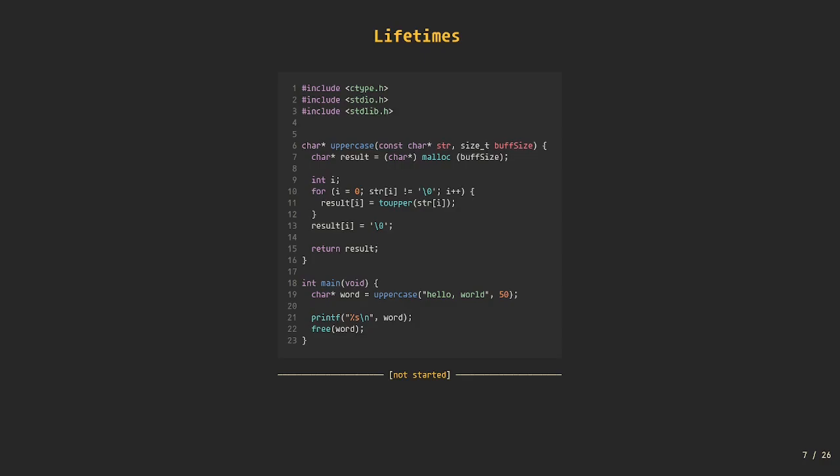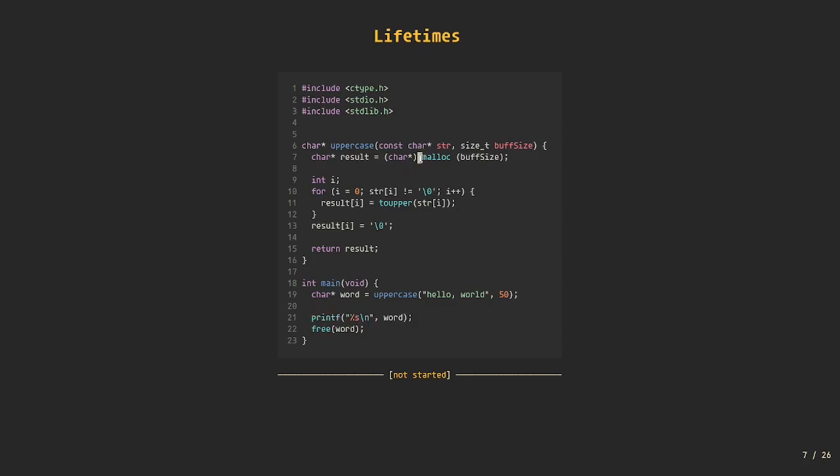So if we go back to our uppercase function from earlier, we'll see that we now have a pair, a free, but it's not in the same function because we can't free it inside there, because we need this allocated result to be alive by the time the printf happens.